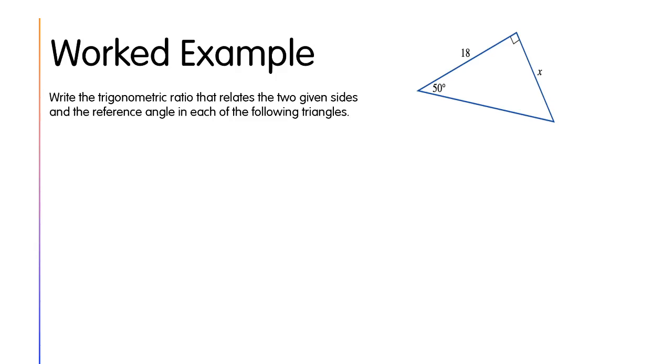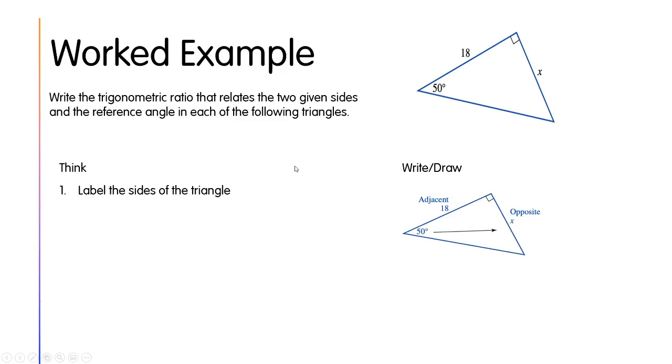So we look at this triangle, and again I have my think and I have my write. So starting off, as always, I'm going to redraw the triangle and label it. So here's my triangle, the angle's in the corner here, so opposite of that angle, there's the x, and adjacent.